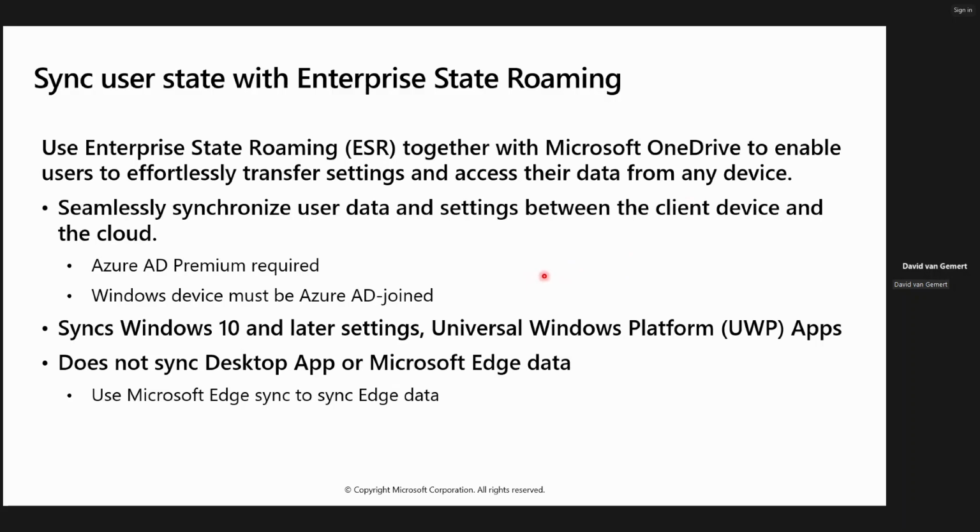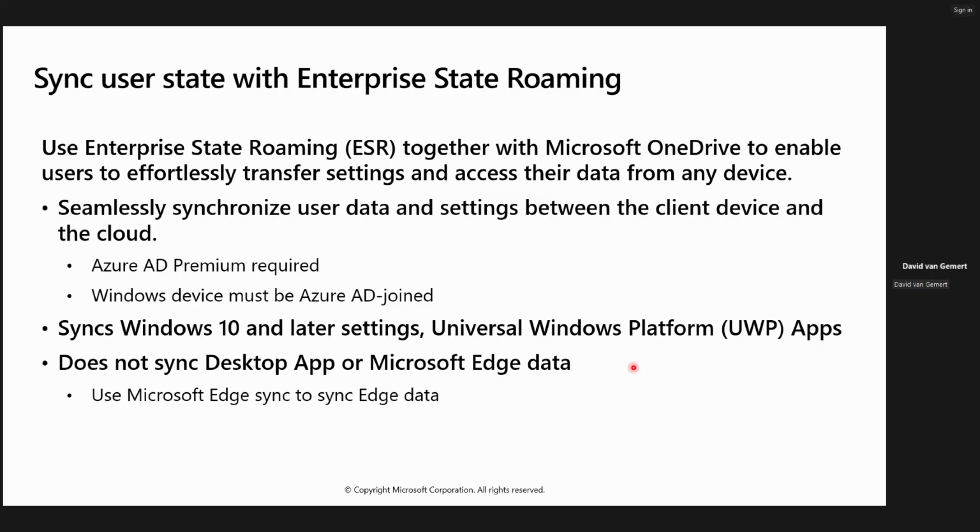It syncs Windows 10 and later settings. So Windows 10 and Windows 11, it doesn't work for earlier versions. And Universal Windows Platform app settings, not your Win32 apps. So your older style desktop apps, the old Win32 apps, if you're still using those and they haven't been converted to Universal Windows Platform, it's not going to sync up those settings.